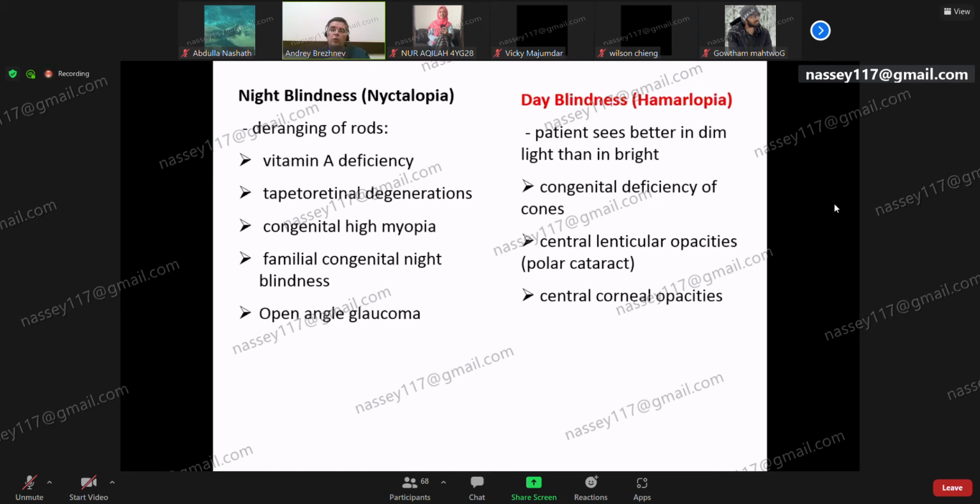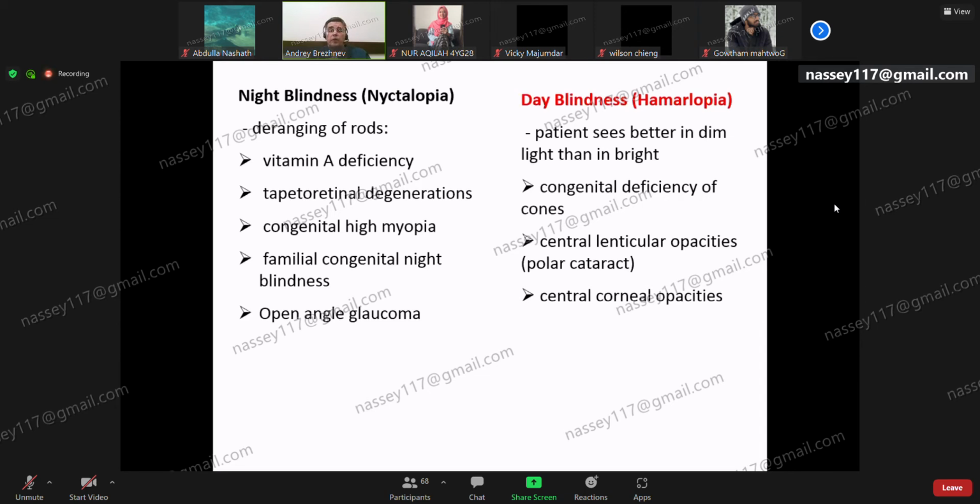If you have any opacities opposite the pupil, opacities of the cornea, opacities of the crystalline lens, of the vitreous body, in bright light there will be constriction of the pupil, and this opacity will be just opposite the pupil, and there will be no possibility for the light rays to pass through this opacity and to get to the retina normally. Vision will be decreased, will be rather poor.